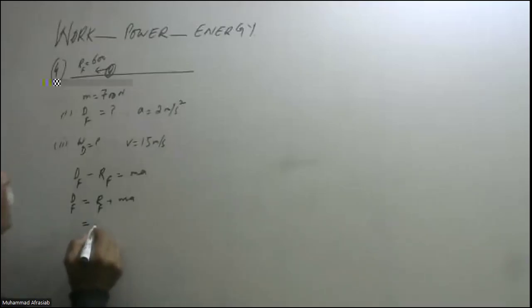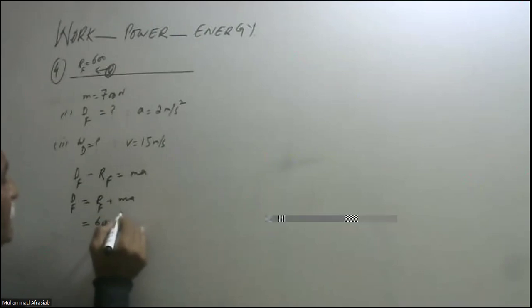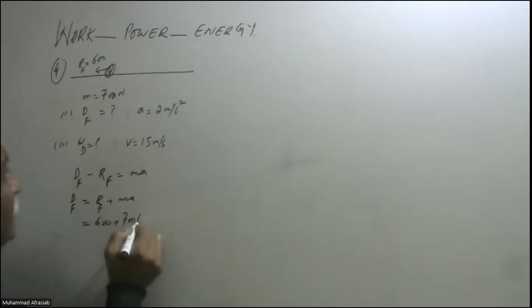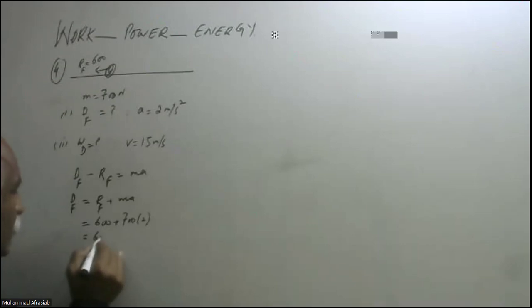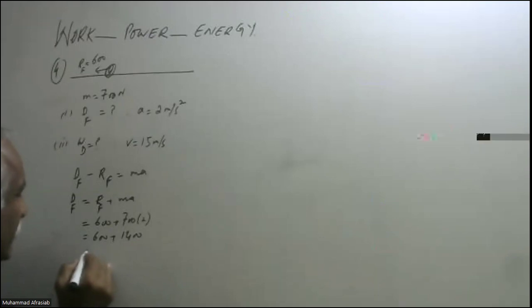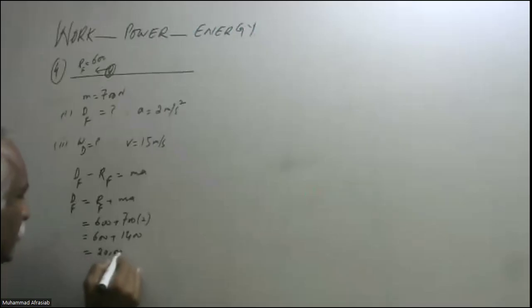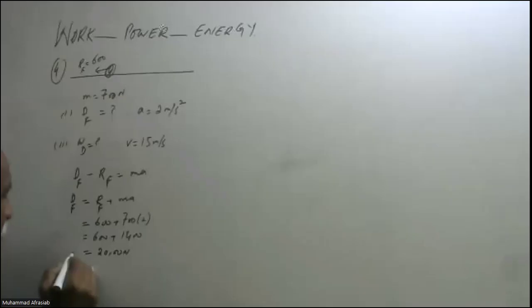Resistive force is equal to 600, plus the mass of the car, 700, times the acceleration, 2. So it is equal to 600 plus 1400, which equals 2000 Newton. That is the driving force.